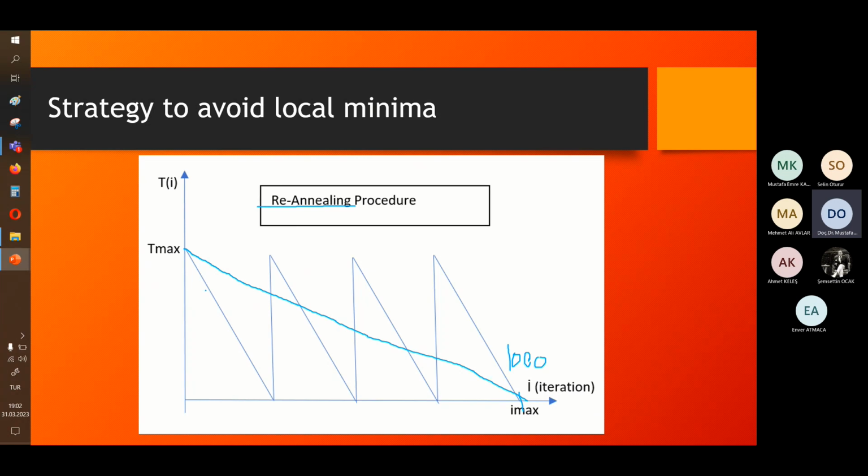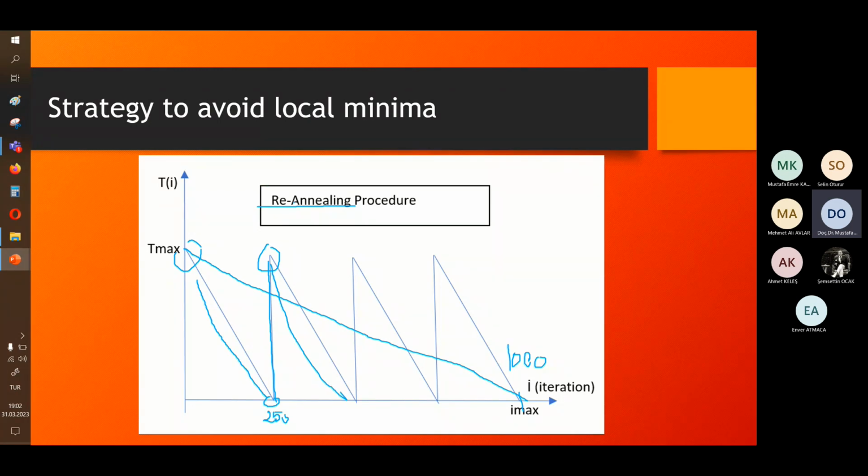But as you can see, what we could do is, rather than running the algorithm once in a long time, keep the maximum iteration as 250, make it smaller, heat it up, then cool it down. Then later on, once again, heat it up, then cool it again.